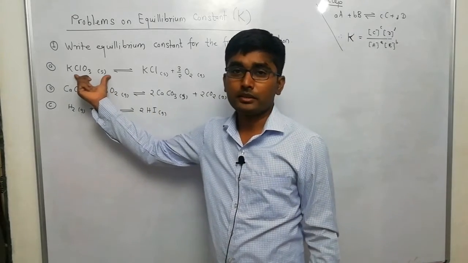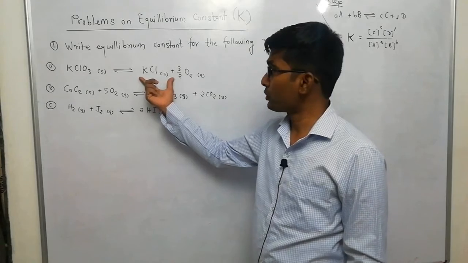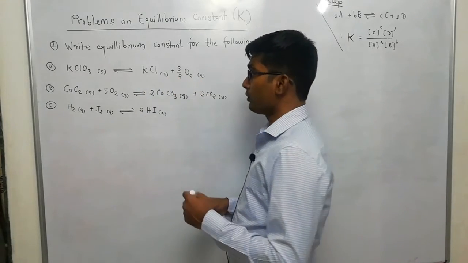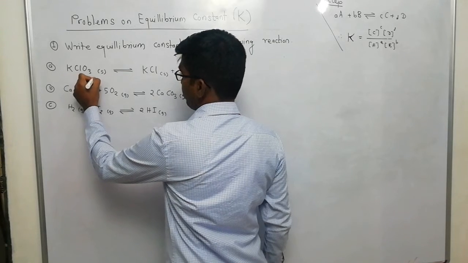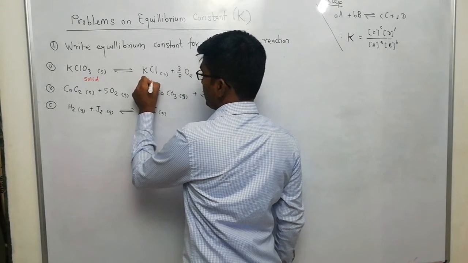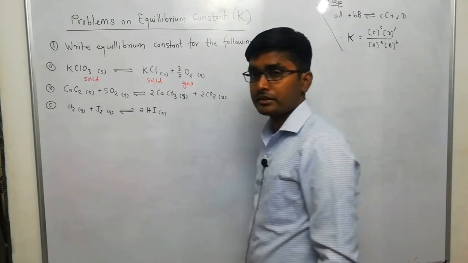Potassium chlorate KClO3 solid is undergoing decomposition into potassium chloride and oxygen. Now look carefully here: this KClO3 is a solid, KCl is a solid, and this oxygen is in a gaseous state.